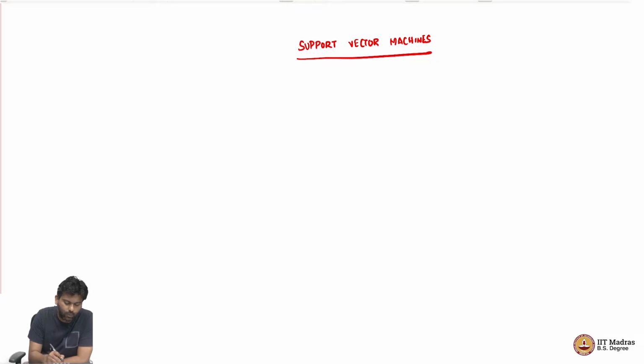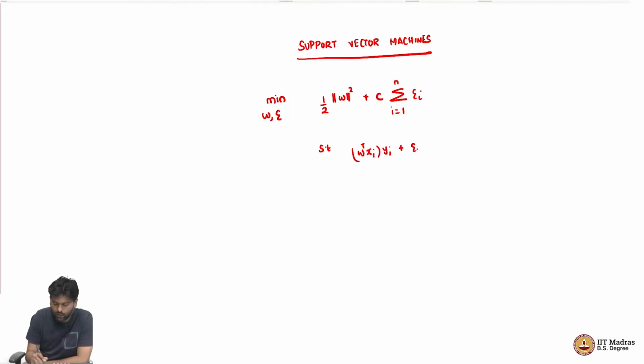If you remember the soft margin support vector machine formulation, it was: minimize over W and psi, half norm W squared, which is a proxy for the margin, plus C times the sum over i equals 1 to n of psi i, such that W transpose xi into yi plus psi i is greater than or equal to 1 and psi i is greater than or equal to 0.